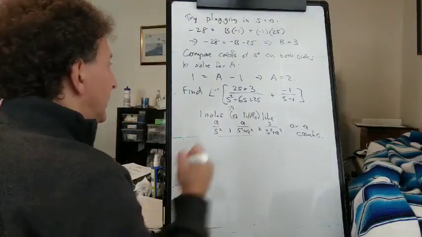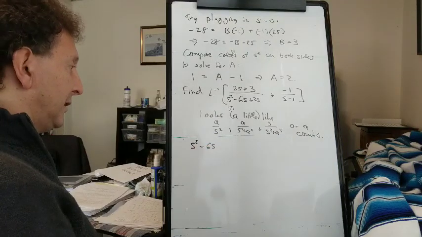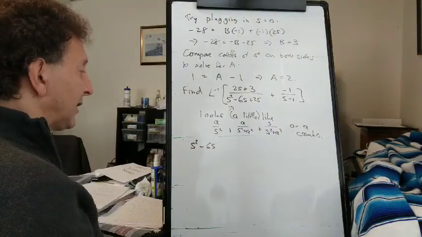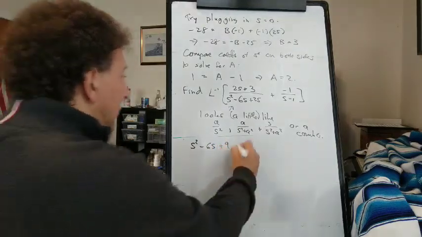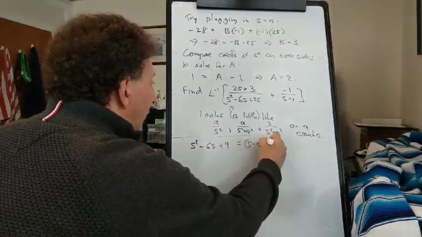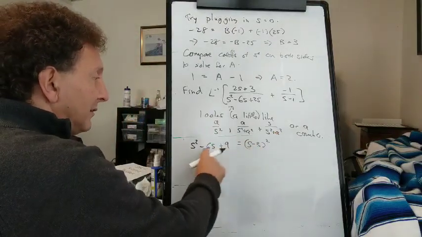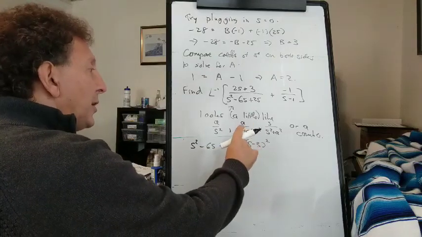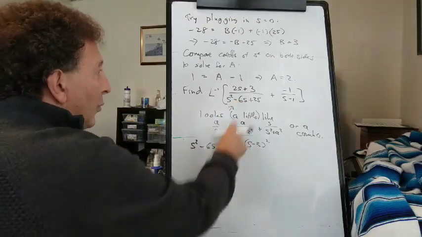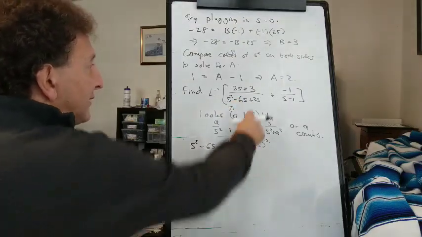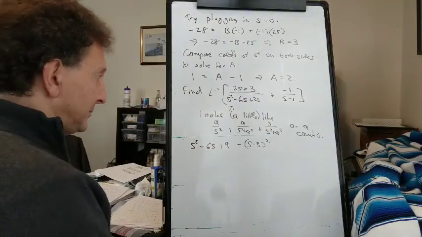Now the bottom looks a little bit like, if we were to complete the square here, this looks like s minus 3 squared. S squared minus 3s gives us minus 6s, plus minus 3 squared is plus 9. So these start the same way. So let's take 9 out of the 25 and then put 16 aside.